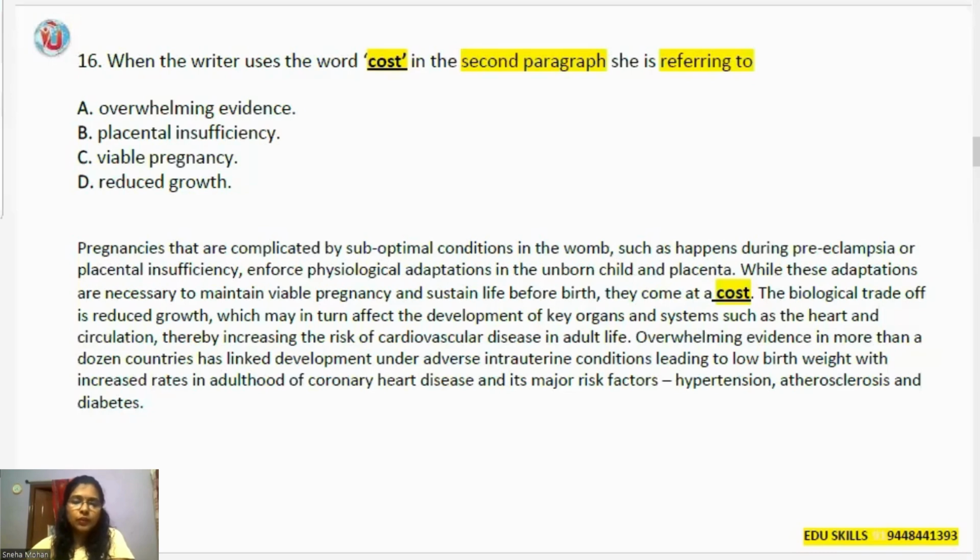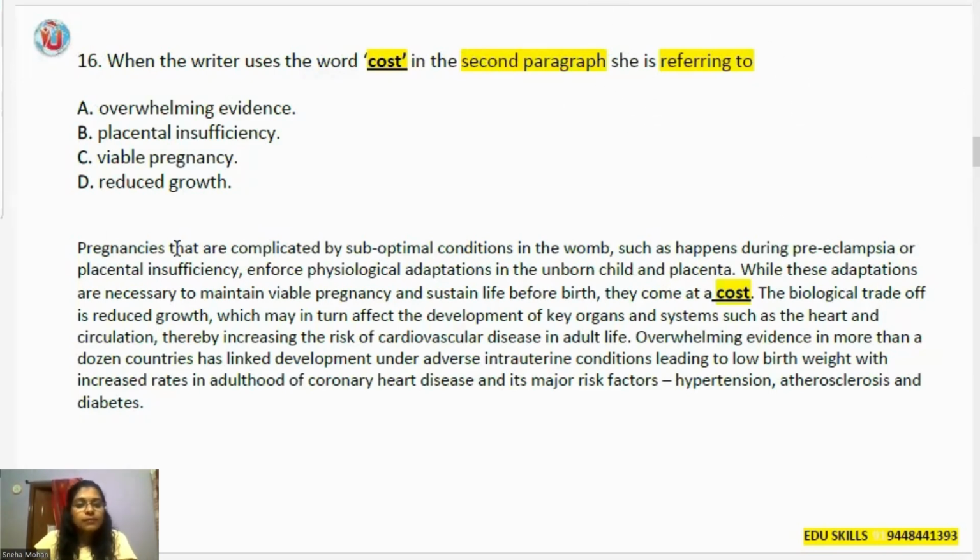When the writer uses the word cost in the second paragraph, she is referring to... Okay, so this is the lexical question. Let's read the text. The keywords taken in the question are cost and second paragraph, and referring to.